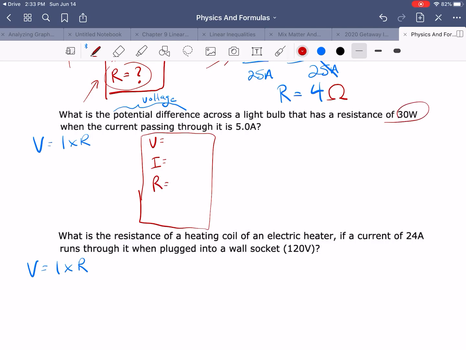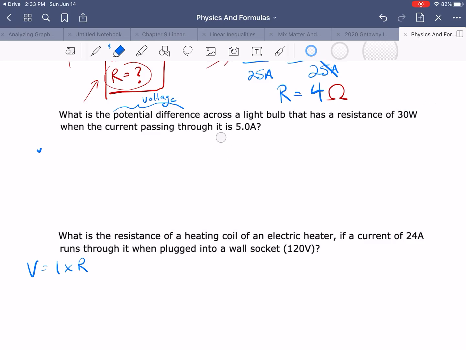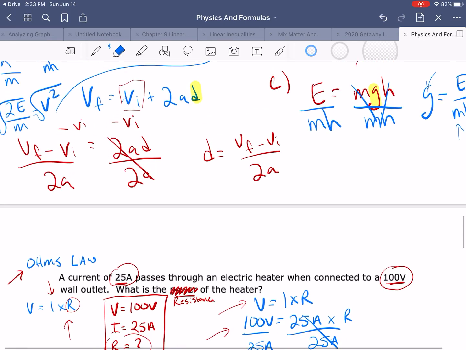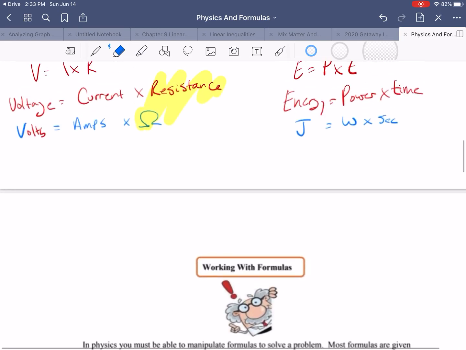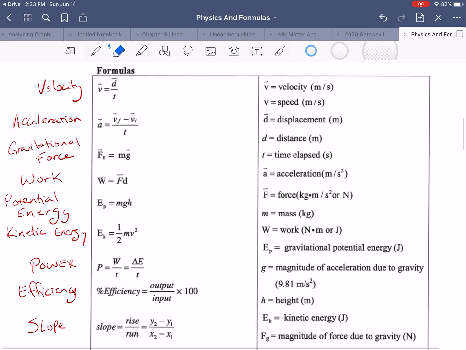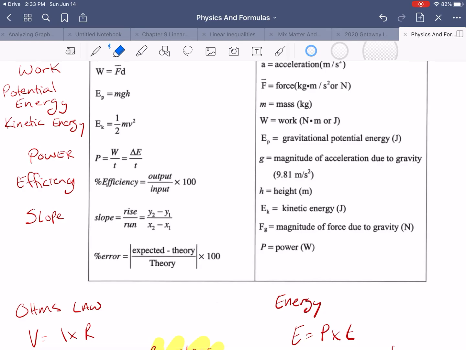Sorry, this is a different formula. So we're using power now, my bad. So watts and amps. Actually, I don't even know if we have this one right now.